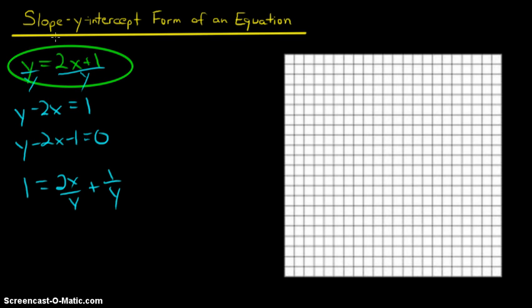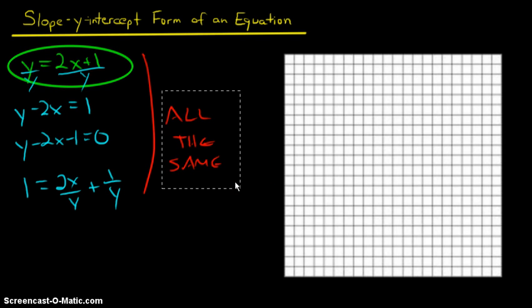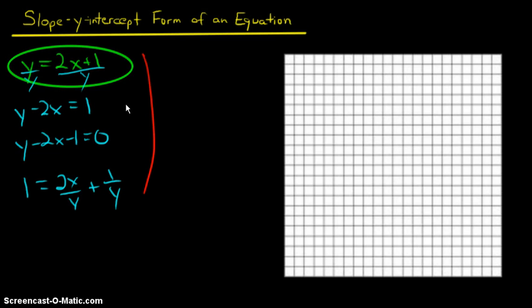I could get all kinds of different formulas for this, but the key thing to remember is that they're all the same in the sense that they don't look the same, but they are equivalent.